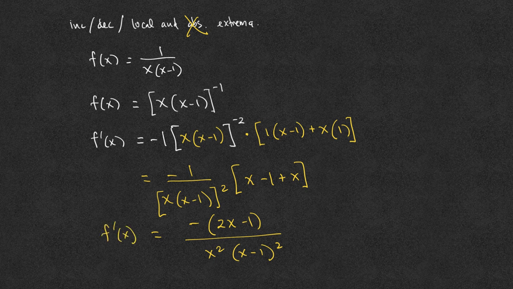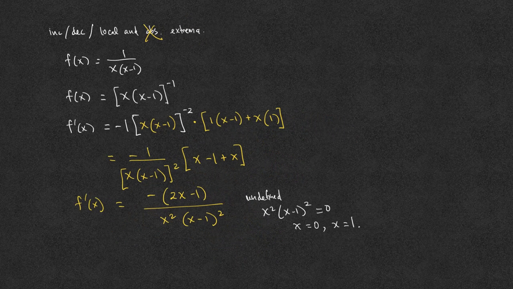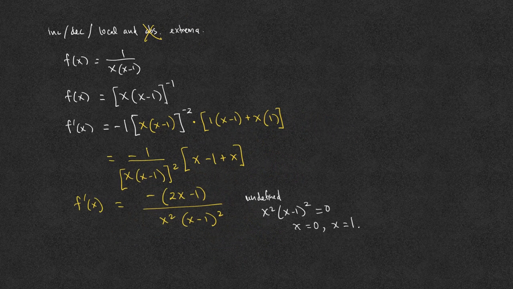We then determine the critical points. This f prime has a denominator, so it is undefined where the denominator is 0. The denominator x squared times (x minus 1) squared is 0 when x equals 0 or when x equals 1. These are the critical points, but critical points can also be found when the derivative is 0.